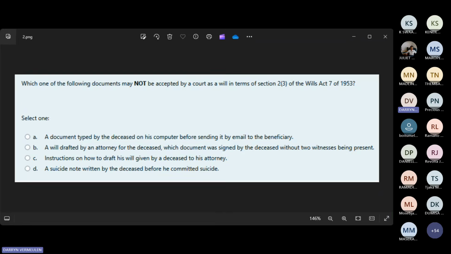Option A is a document typed by the deceased on his computer before sending it by email to the beneficiary. Option B is a will drafted by an attorney for the deceased, which document was signed by the deceased, but without the two witnesses being present. Option C is instructions on how to draft the will given by the deceased to his attorney. And option D is a suicide note written by the deceased before he committed suicide. So out of those four options, which one do you think it is?